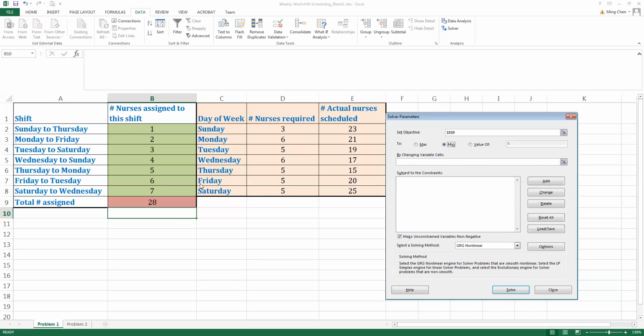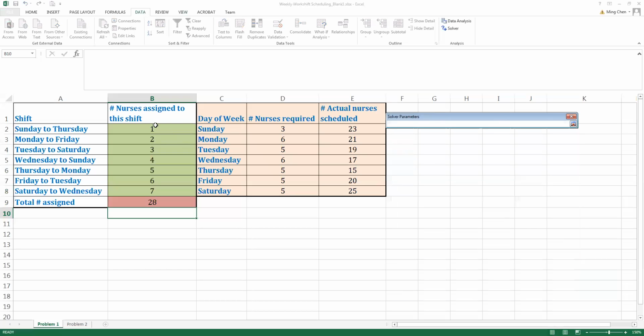If you look at this problem, we are trying to determine the number of people to hire for different shifts. So the decision variable here is B2 to B8, basically all the numbers highlighted in green. So we choose these numbers. These are the numbers we want to determine. Right now, we already set 1, 2, 3, 4, 5, 6, 7, but these numbers are arbitrary. Eventually we want Excel to change these numbers.